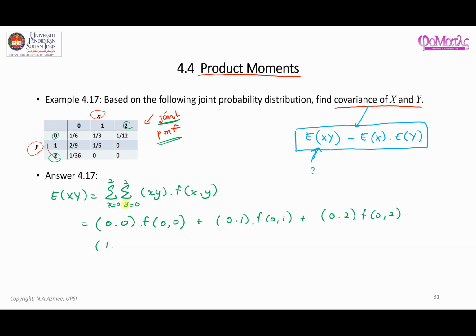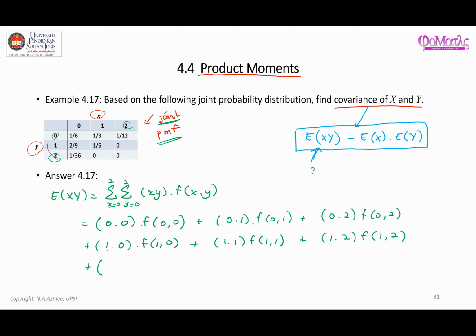So x is 1 with y 0, and then we maintain x at 1 and keep changing the values of y: 1 times 1, and then 1 times 2. Then we are done with y, so we move back to the outer sum and change x from 1 to 2.